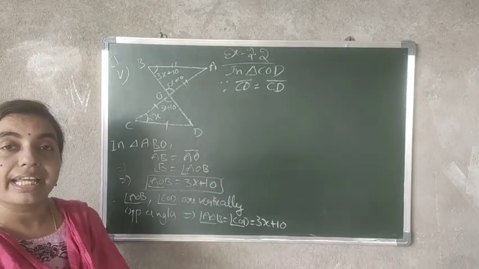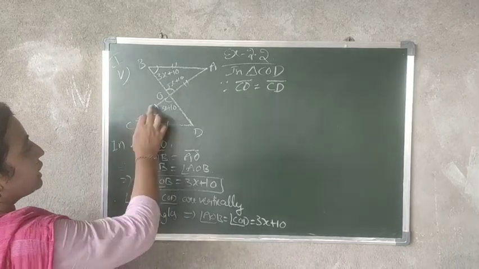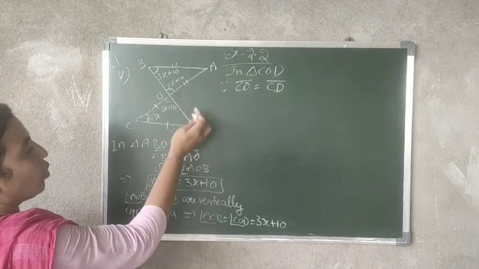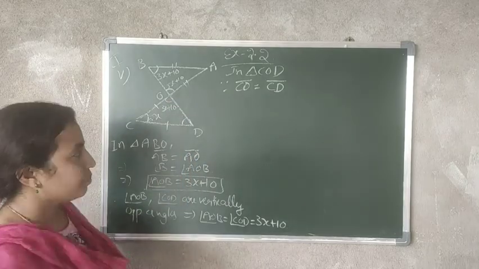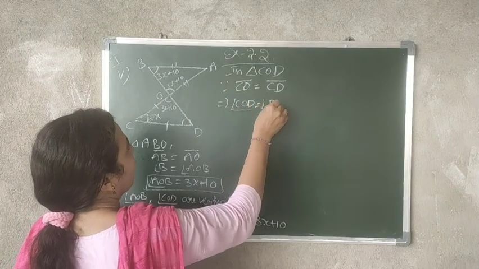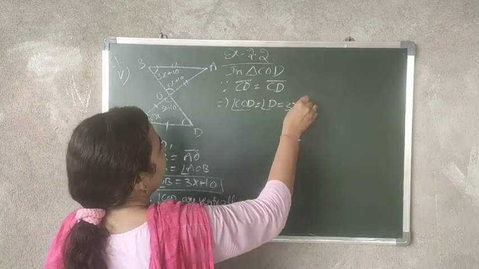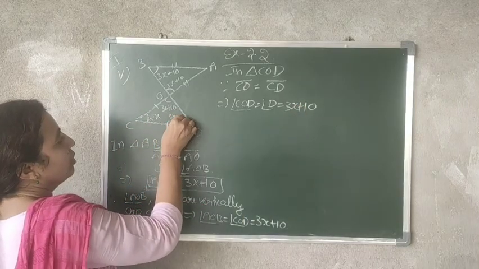When two sides are equal, their opposite angles are also equal. What are those opposite angles? Angle COD and angle D. These two are equal. That implies angle COD is equal to angle D, that is equal to 3x plus 10. So this is also 3x plus 10.